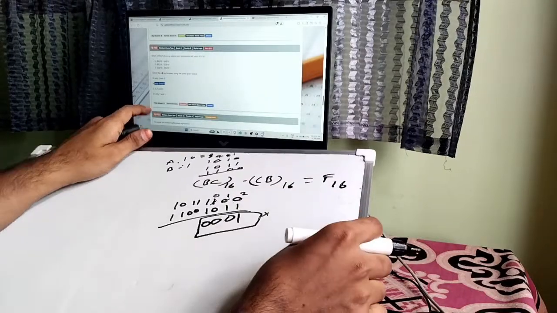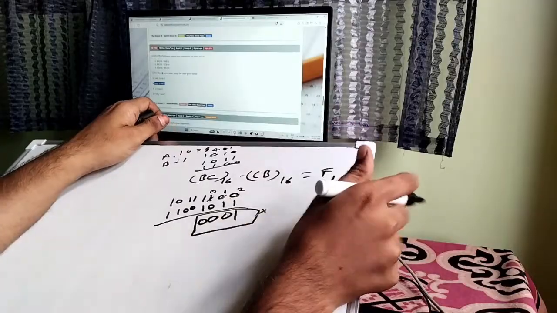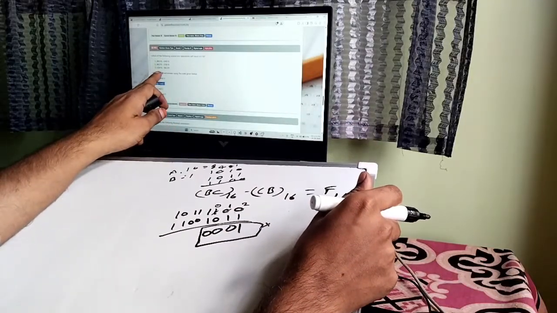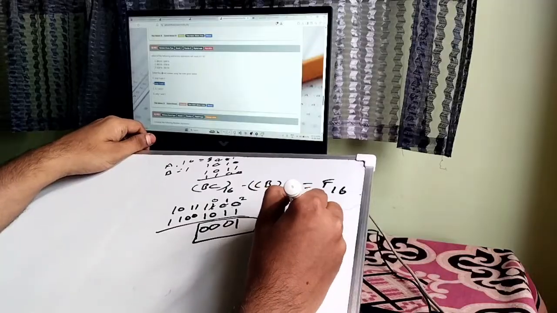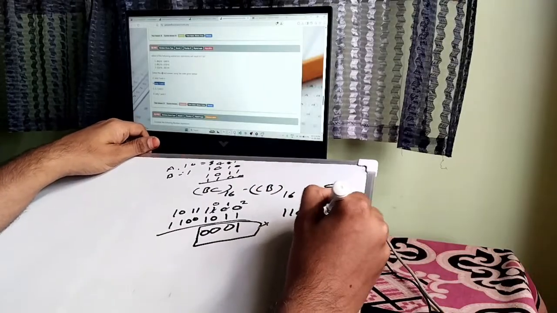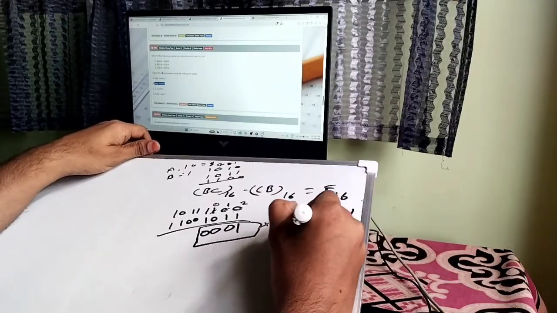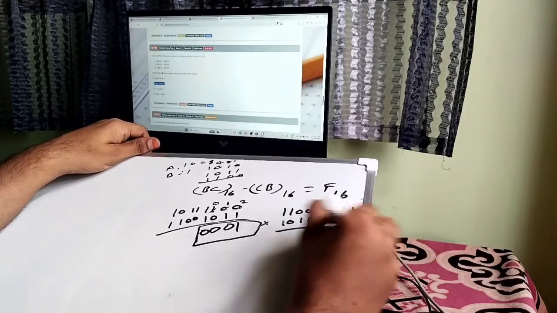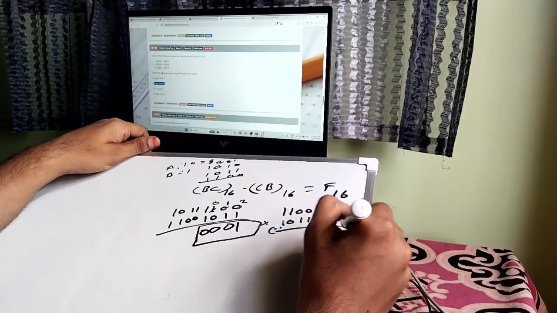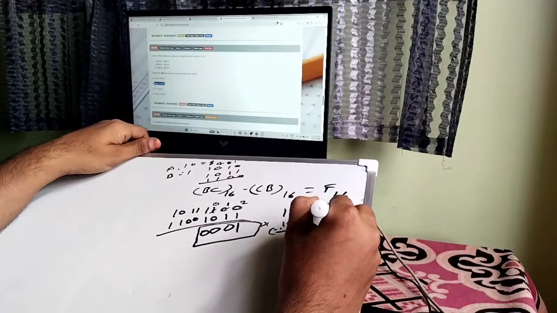Now if we see option 3, it will become 1, 1, 0, 0, 1, 0, 1, 1 and 1, 0, 1, 1, 1, 1, 0, 0. If we do the subtraction, we can't take 0 minus 1, so we take a borrow from the next bit.